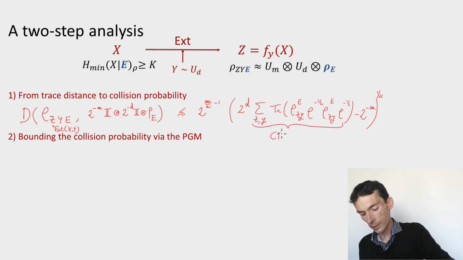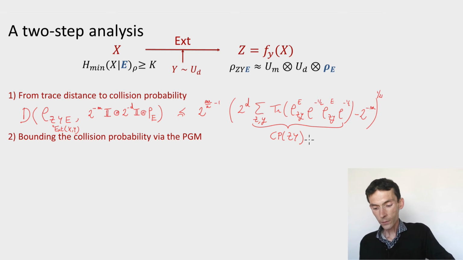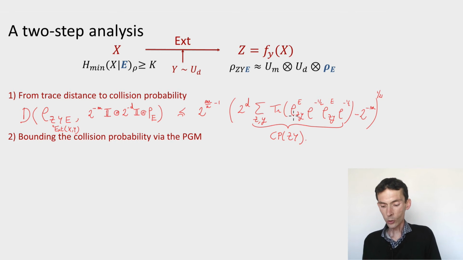We could call this Cp of Zy, and it's really the collision probability that's associated with the adversary side information on Z and Y. So if these were one-dimensional, so that each state Rho Z, Y here corresponded to a probability, the probability of selecting the seed Y and having selected that seed obtaining the output Z, where the probability is taken over the randomness that's in the source, then you'll recover exactly the collision probability as we learned it before, simply the sum of the squares of the probabilities. That's a direct quantum analog.